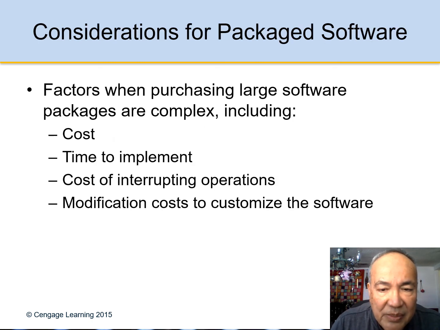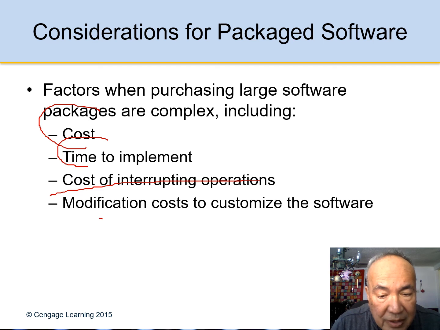Considerations for package software. Number one is the cost. Number two, the time to implement. To me, it's also the cost of interruptions and the modification cost of customized software, if you want to modify it for your business use.